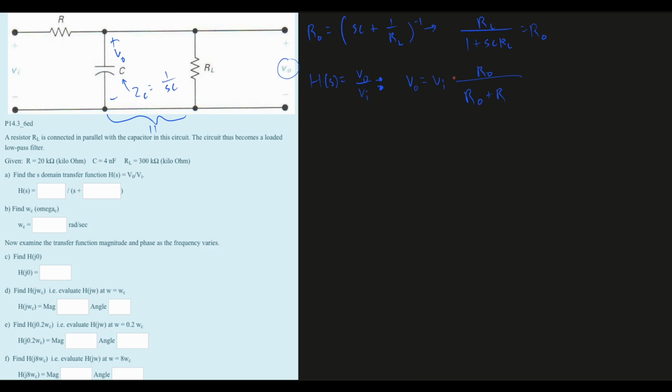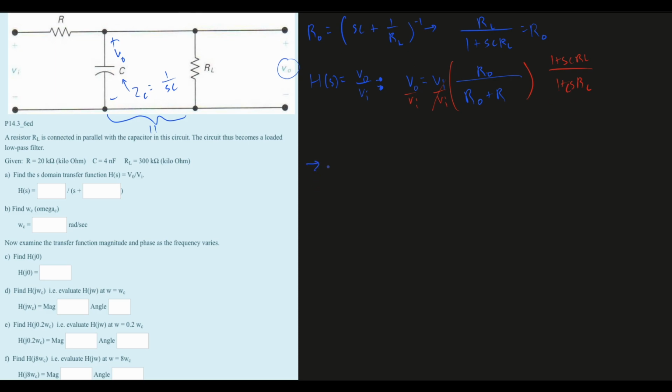And so what we can do is first divide both sides by VI, so we get V naught over VI, and then we can see that this is going to give us our H of S. And then we're going to multiply our entire right side by 1 plus SC RL, and then 1 plus SC RL. There should be a C somewhere in there.